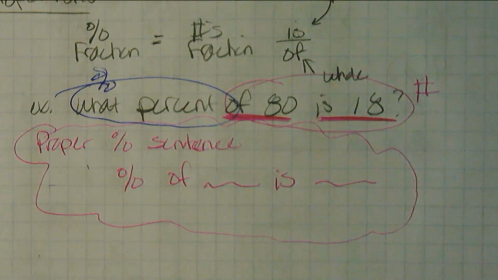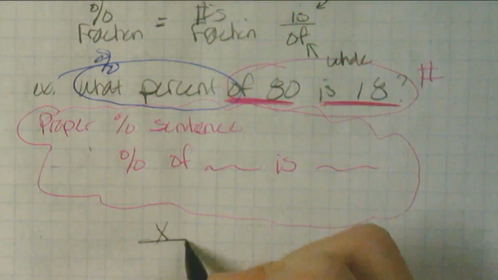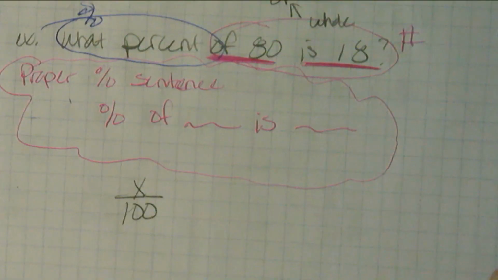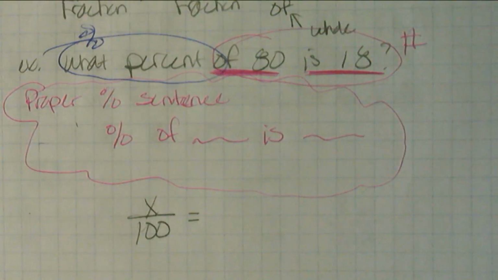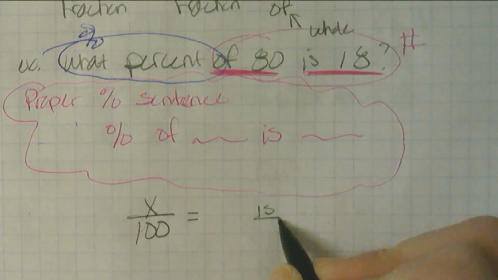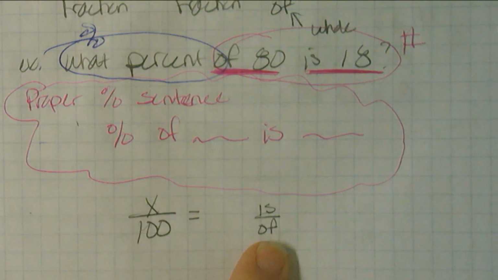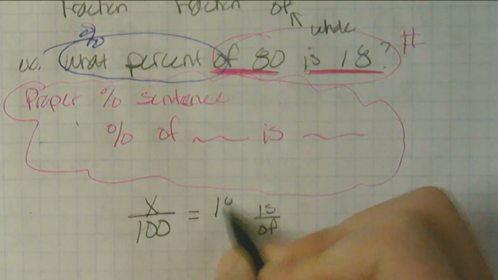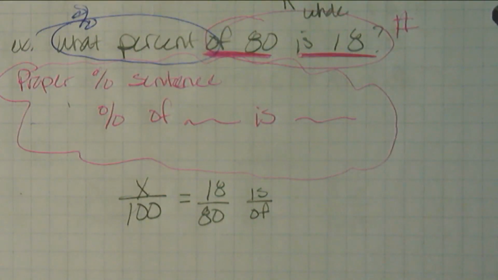So any percent that we set up as a fraction, here it's going to be x over 100 equals, well, it's always our is over our of. And I still even write this down when I set up my proportions so I can remember. My is information here is my 18. My of information is my 80.